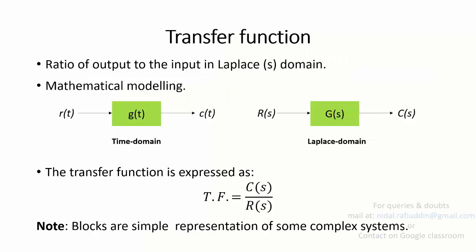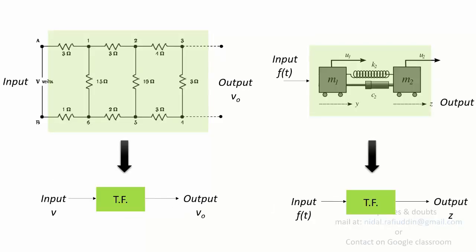Transfer function, as I told you, is also a mathematical model, but before you obtain the transfer function of systems, you will have to obtain the differential equations related to the system. If you talk about a mechanical or electrical system, there are certain differential equations associated with it. For example, in this particular case, you have two masses attached together with a spring and a dashpot.